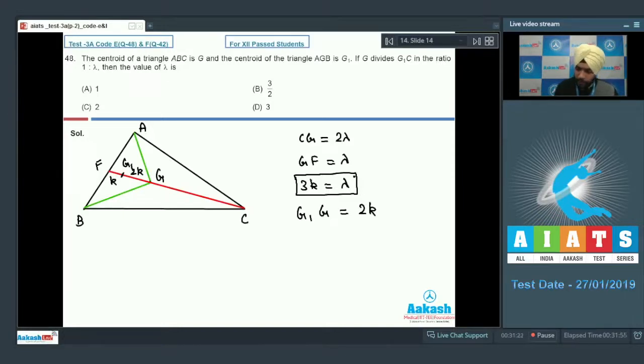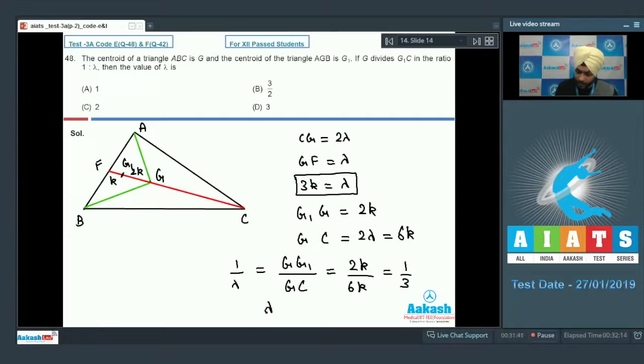Now, in terms of K, I need the value of GC. So CG is 2 lambda, which will be equal to ultimately 6K. The ratio 1 upon lambda equals GG1 upon GC, which is 2K upon 6K, and that is 1 by 3. So lambda is simply equal to 3. Fine. Option number D goes correct.